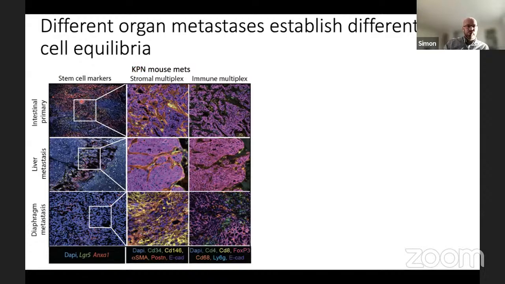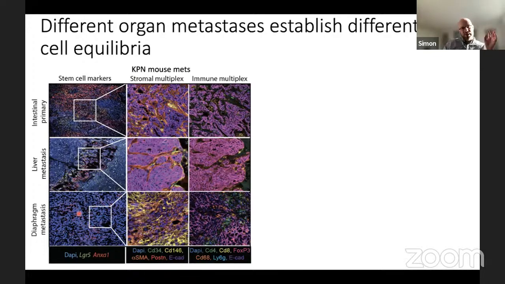This is the intestinal primary, very, very red in terms of its intestinal stem cell marks, interesting stroma and immune as well. But it's the stem cell marks I'll particularly point you to. The stem cell marks here are predominantly red. In the liver metastasis, there's a few green stem cells there. They start to recover their crypt-based columnar population, but actually in the diaphragm, the cells are predominantly red again.